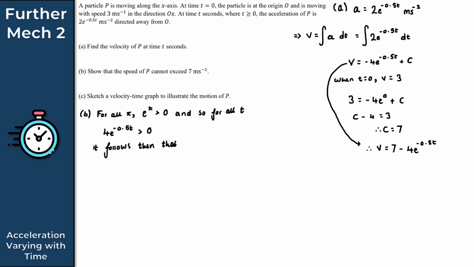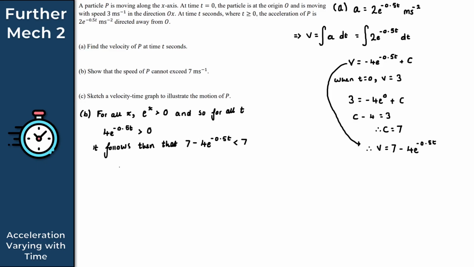It doesn't matter how small this is, it will be positive, so no matter what, we're always subtracting something from 7. It doesn't matter how small that is, we're always taking something away from 7. So no matter what, it will always be strictly less than 7.